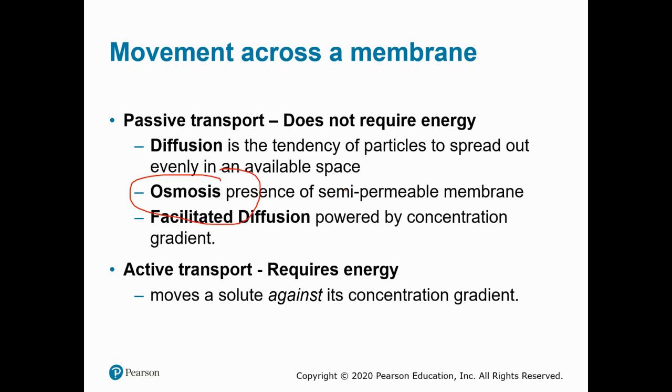Facilitated diffusion, it's still passive transport. It's still a kind of diffusion because it's still powered by the concentration gradient. It still goes from a high concentration to a low concentration. But facilitated diffusion is, if the molecule is a little bigger, maybe you're going to have to make the door a little bigger.